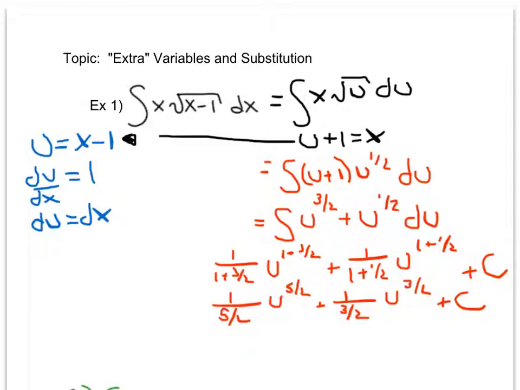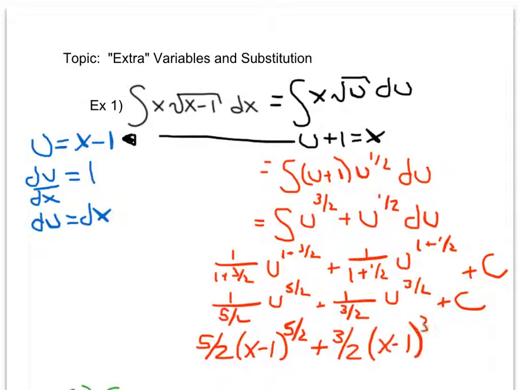Dividing by 5/2 is the same thing as multiplying by 2/5, and dividing by 3/2 is the same thing as multiplying by 2/3. I'm also going to put x minus 1 back in for u, giving me 2/5 times x minus 1 to the 5/2, plus 2/3 times x minus 1 to the 3/2, plus c. And that will be my final answer.